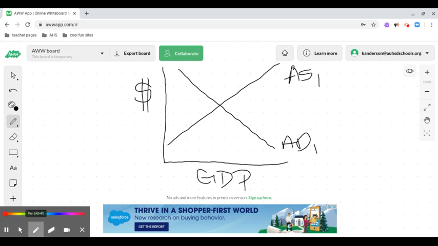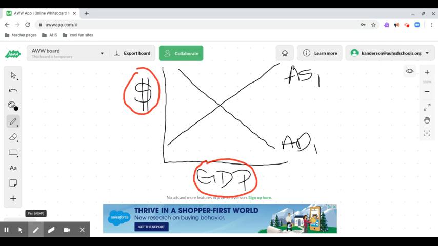What's different is on the horizontal axis, instead of quantity supplied or quantity demanded, we have GDP. And on the vertical axis, we still have price.